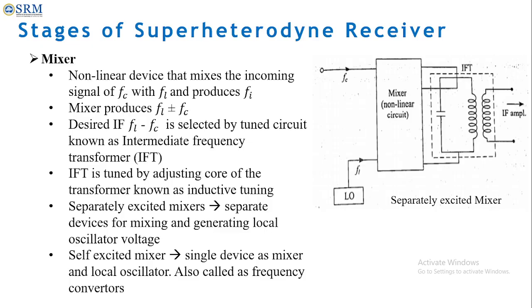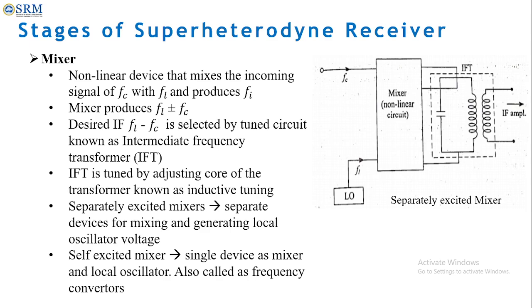First, we have seen briefly about the RF amplifier. Next, we are going to discuss the mixer, as we gave the outline of the mixer operation earlier. A mixer is a non-linear device which performs the sum and difference, so it generates FL plus or minus FC.